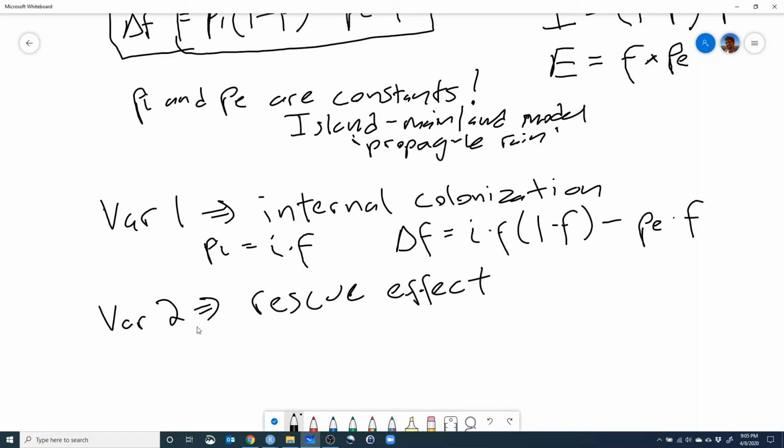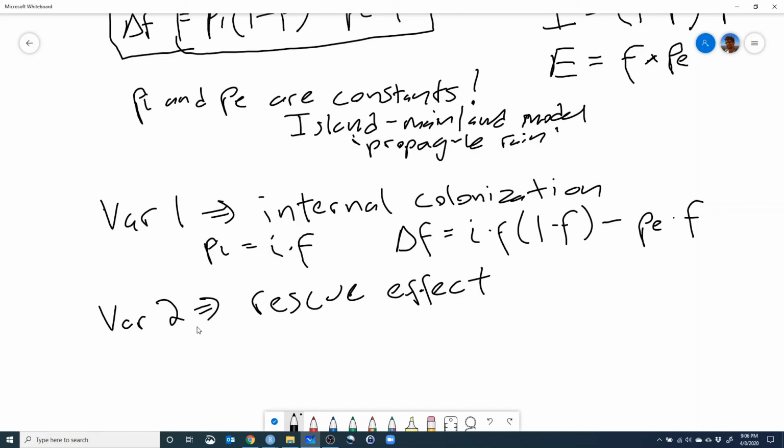All right. Now the rescue effect says that when the total metapopulation occupancy, or f, is really low, there won't be very many immigrants floating around in the metapopulation, right? And therefore, there's little chance that immigrants can rescue a patch from extinction. The idea of the rescue effect is that when there are lots of immigrants floating around in the metapopulation, there's a lower chance of extinction.